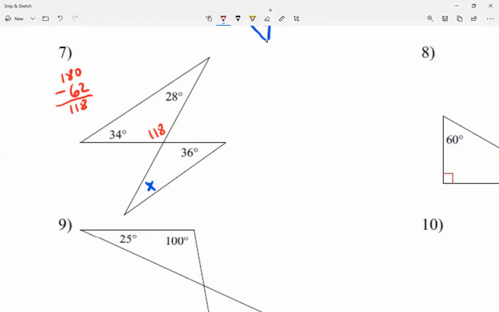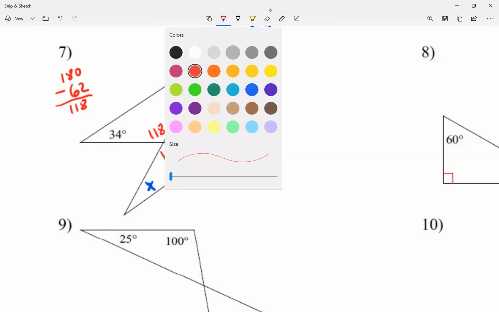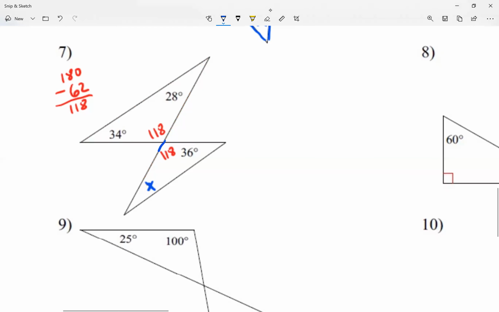I remember vertical angle theorem. Remember, when there's an X, opposite angles are equal. I see there's an X right here. So I'm going to say this angle is 118 based on the vertical angle theorem. Now, I'm looking at this triangle.